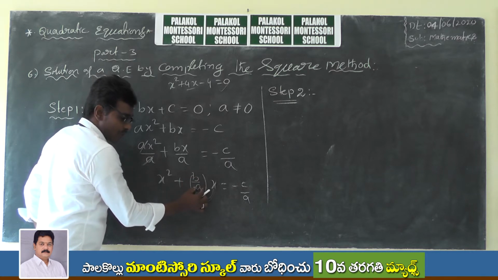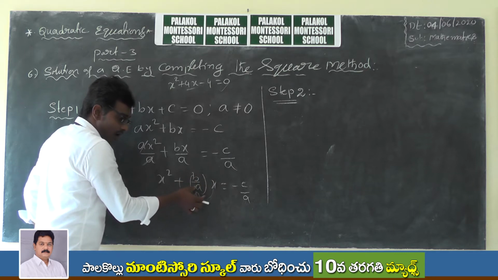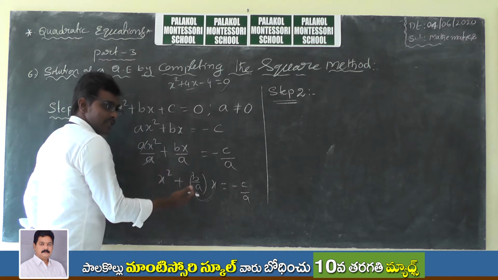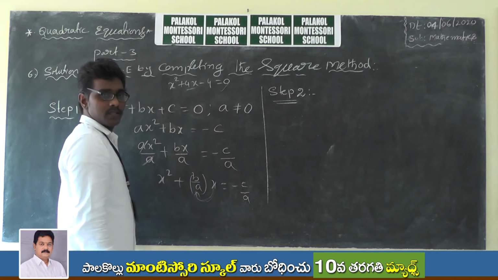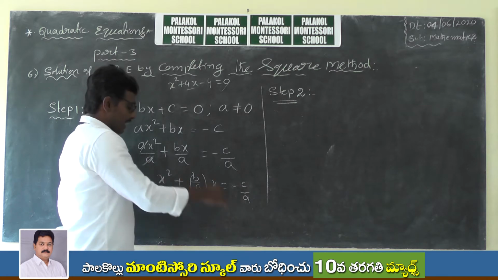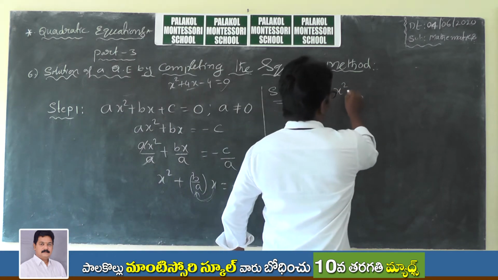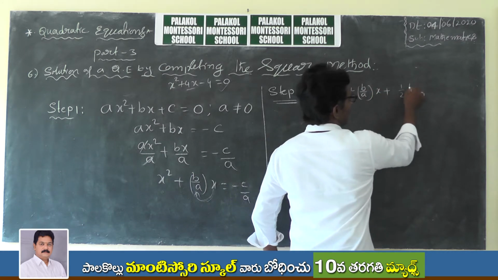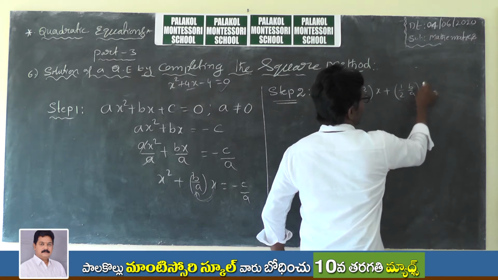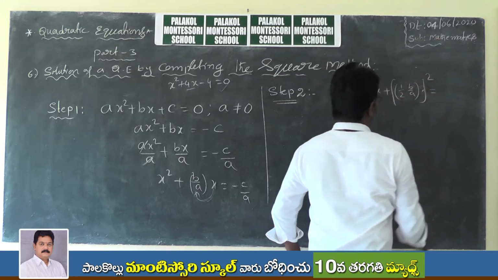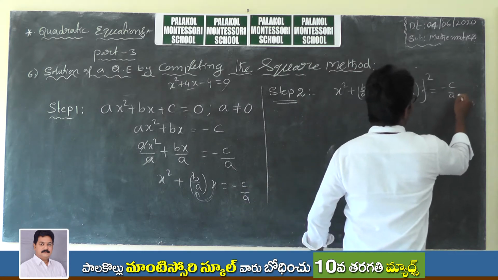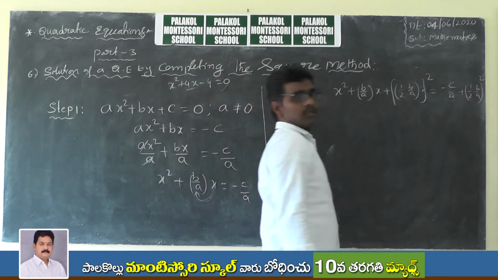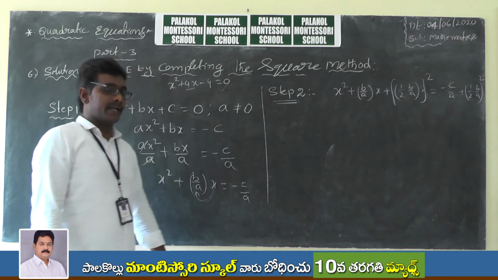Take half of it and square it. That term should be added on both sides. Okay guys, is it clear? Now I write x square plus b by a of x plus of b by a whole square is equal to minus c by a plus of b by a whole square.